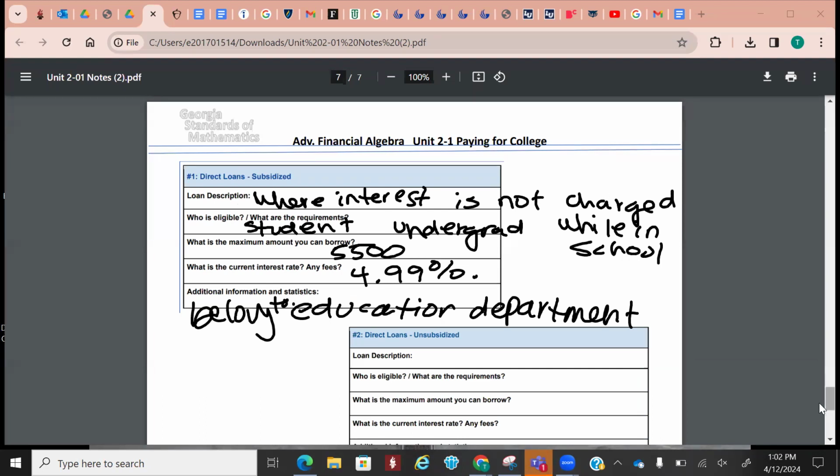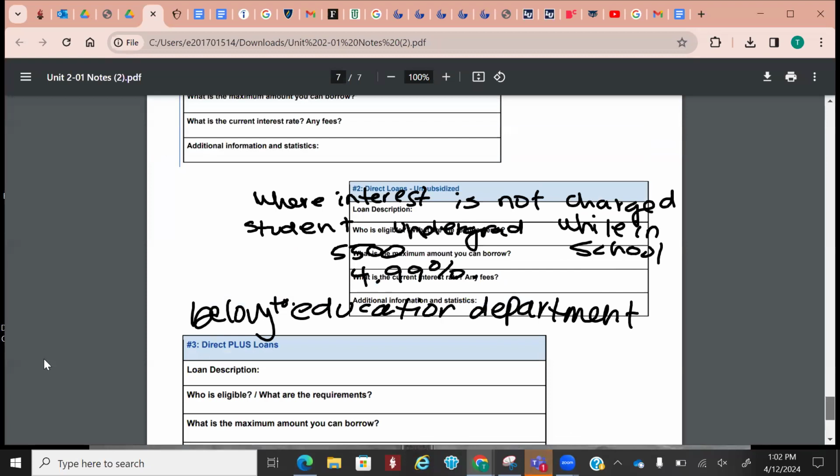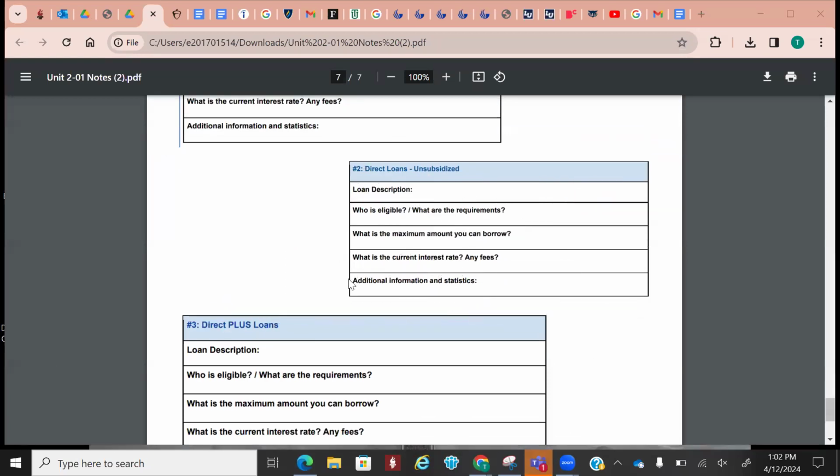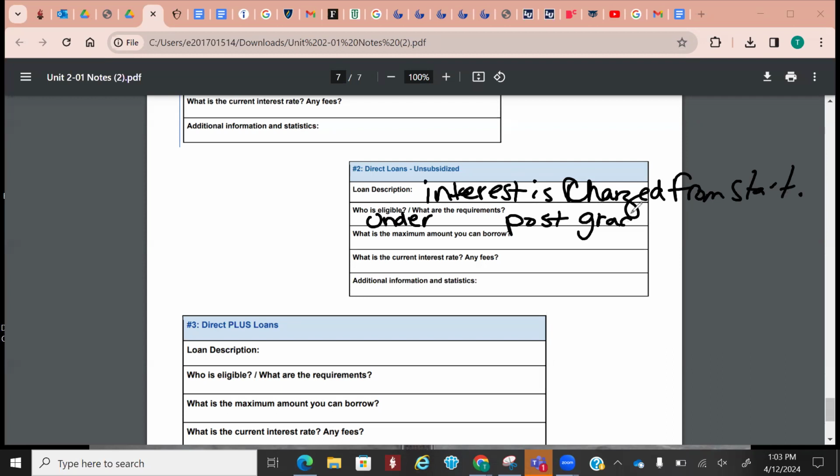Okay. Now, direct unsubsidized loans. This is where interest is charged from the start. And who's eligible? Again, this could be undergrad and postgrad, so this could be doctorate or whatever. And you can borrow up to $20,500.